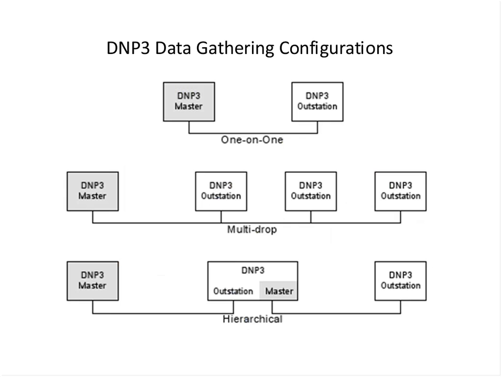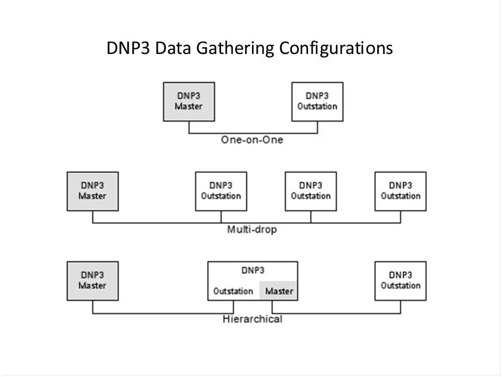There were different types of layouts. One, which you see on top, is a very simple one-on-one setup. You have a DNP master that's probably sitting at a control center, and then you have an outstation that typically sits at a substation, and there's some kind of network between them.